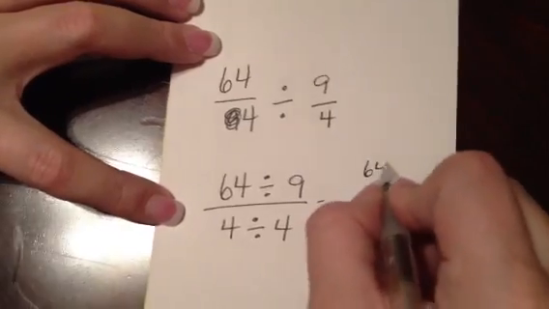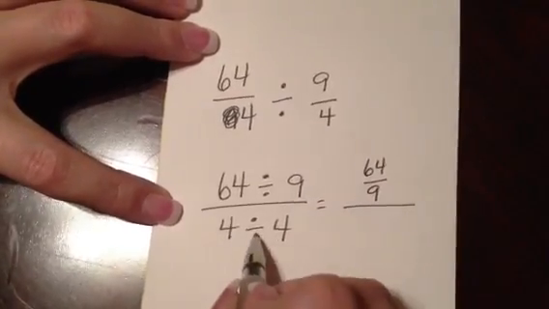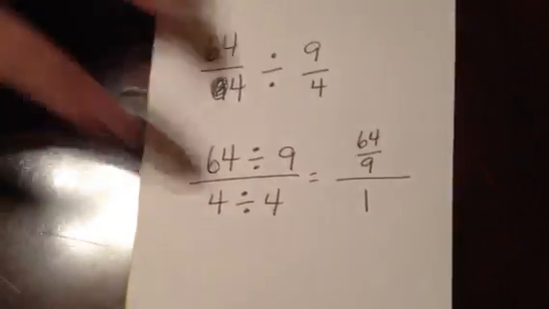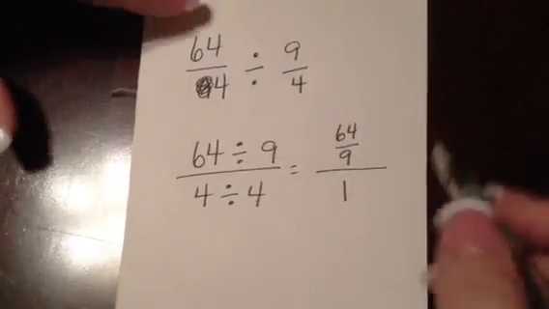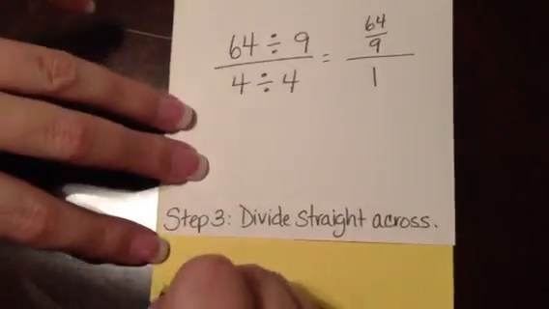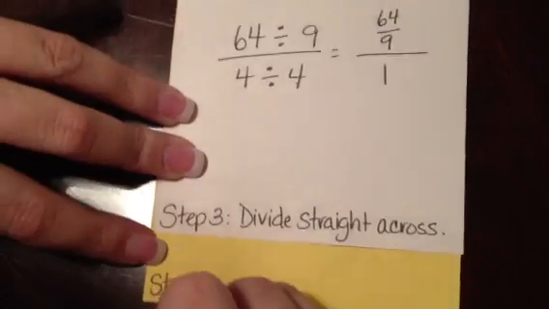So that's going to give us 64/9 over 4 divided by 4, which is 1. And what did we say about the denominator of 1? It gets to disappear. That's right, it's going to disappear.